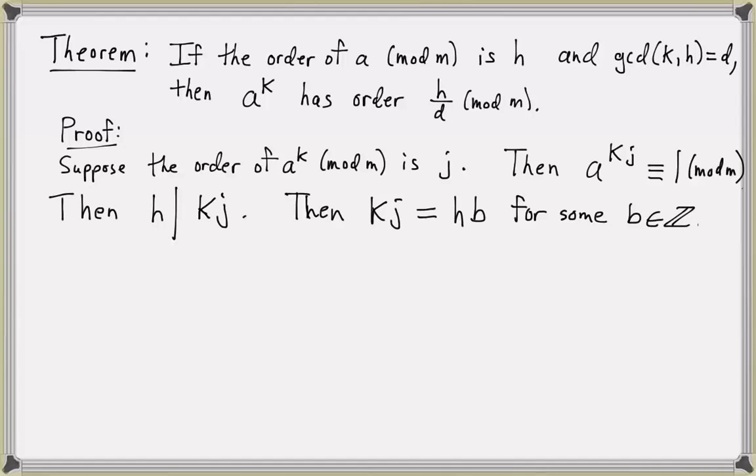So k times j equals h times b for some integer b. Now I'm going to factor out the greatest common divisor from k and h. We already said that the greatest common divisor of k and h is d, so I can write k as some integer k1 times d, and h as h1 times d.